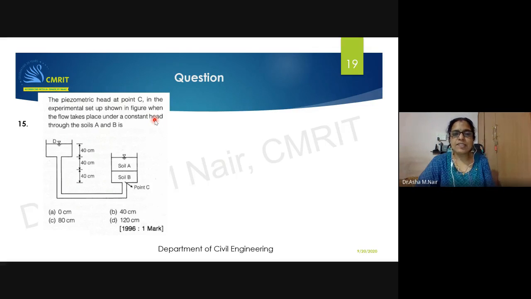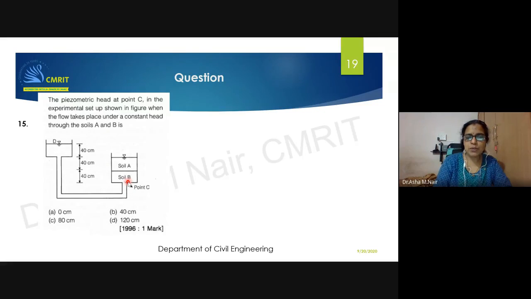Yes, the next question. The piezometric head at point C, in the experimental setup shown in the figure, when the flow is taking place under a constant head through the soils A and B, is?